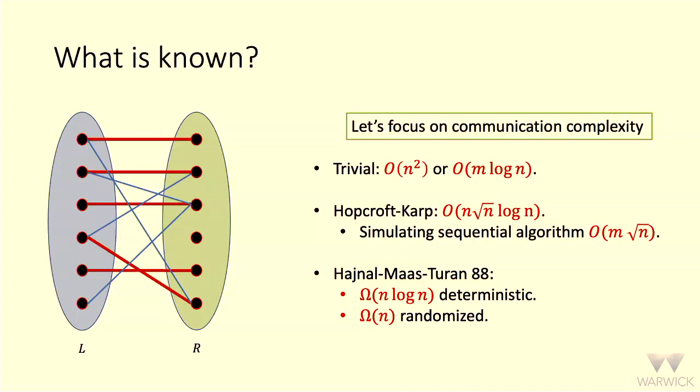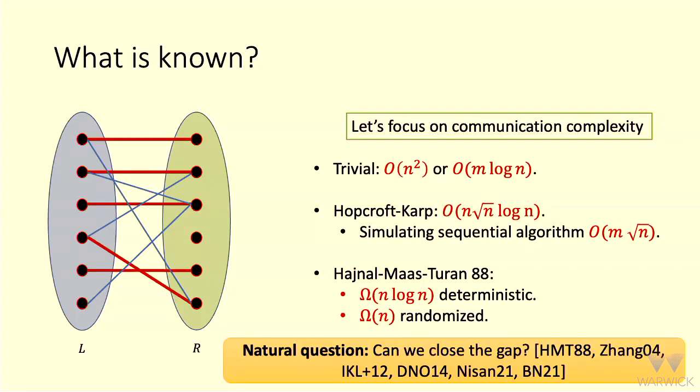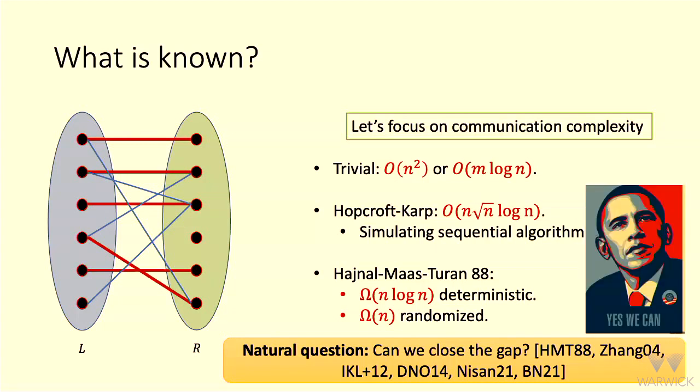However, I know some simpler continuous optimization techniques, and I will show you that they are enough to give a very efficient algorithm for matching. Just to let you know, closing this gap has been open since 88 essentially, and we show that yes, we can close the gap. We will give you an order n communication algorithm.